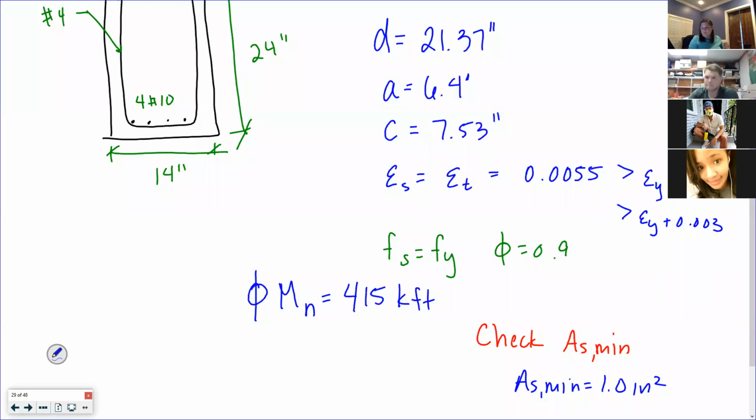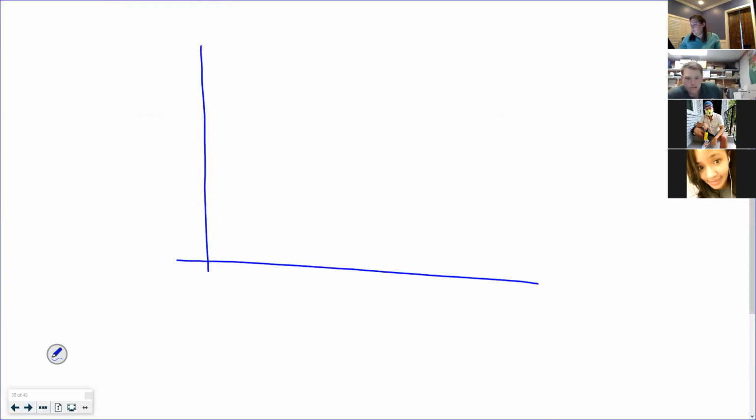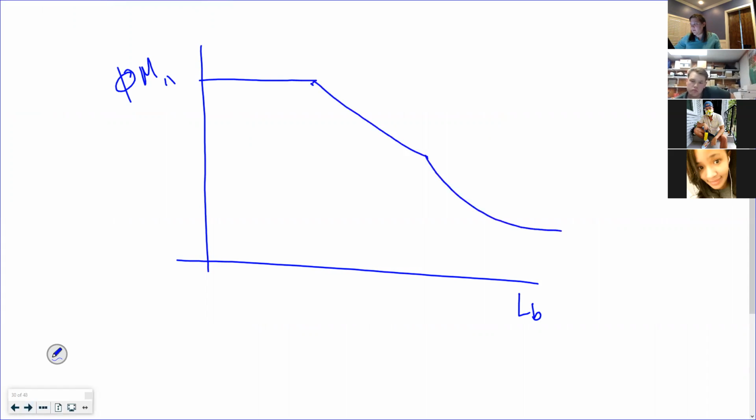And just draw on here. But if you remember, this is your unbraced length, and this is your FMN. There was like this, and this, and then like this, I forget, something like that.